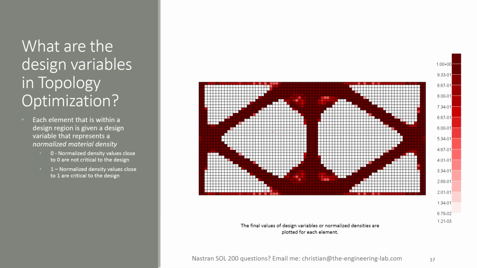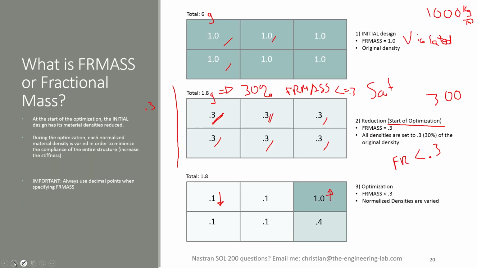So here we can have something that's very close to 0, or we can have something very close to 1.0 here. At the end of this optimization, you'll notice that the mass is still 1.8 grams, which is still 30% of the original mass. And this is still satisfying the constraint of FR mass is less than an upper bound of 0.3.